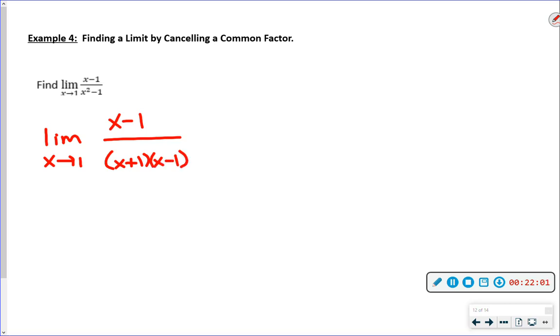So I'm going to reduce or cancel out the x minus 1s. Even though it is a rational expression, we did have a little glitch before I simplified. Now, sweet. Final answer: 1/2. We can use our direct substitution, 1/2.